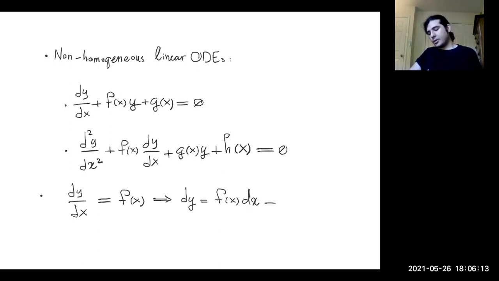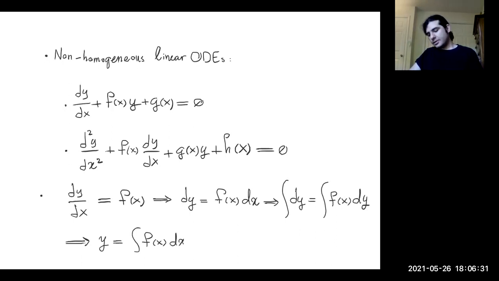And then we are going to integrate, right? Because we want to find what is y. And then, as you remember, the integral and the differential, they kind of cancel each other up to a constant. So the result would be the integral of f(x) dx plus some constant c. So that's very, very simple. Here we can see a very simple non-homogeneous linear ODE.